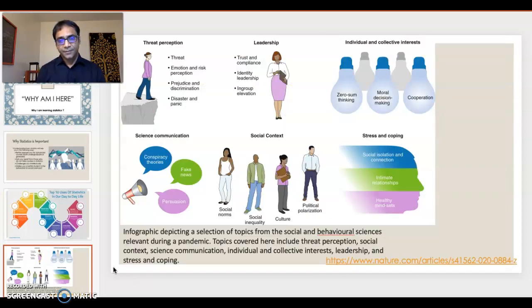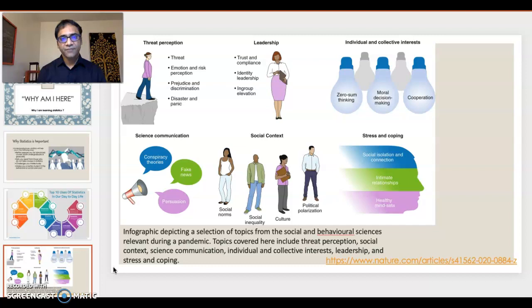This is a graph or figure from a recent article from Nature. Nature is, you can say, one of the top-most journals. This infographic shows how social and behavioral science were extremely relevant during the time of COVID. The topics covered here include threat perception, leadership and how leaders take charge, how individual and collective interest plays a role, how the science of communication is important, what the social contexts are, and how to manage stress and coping behavior.